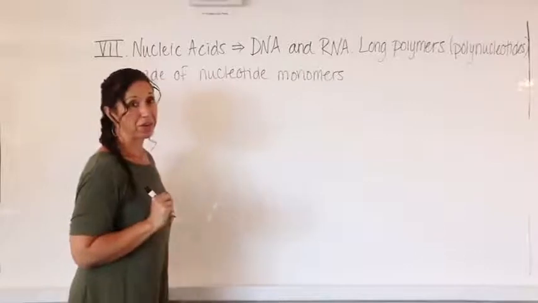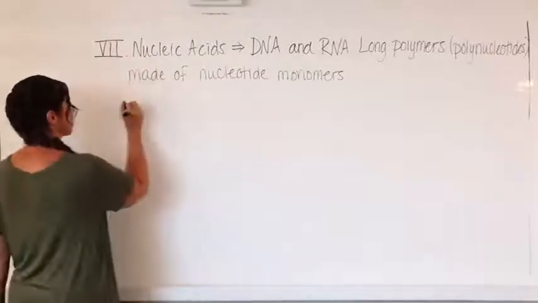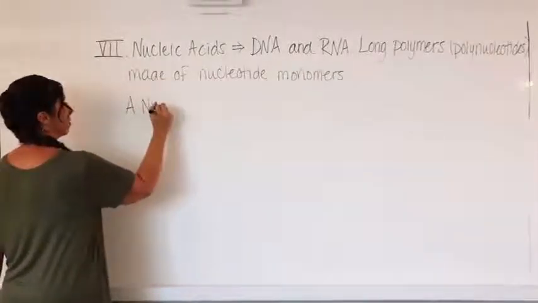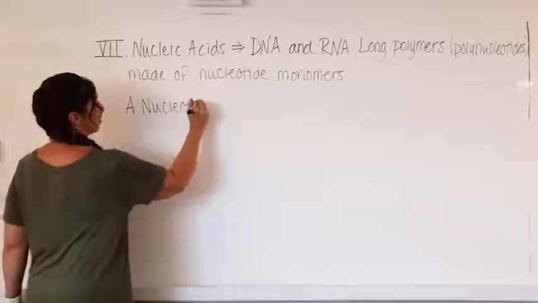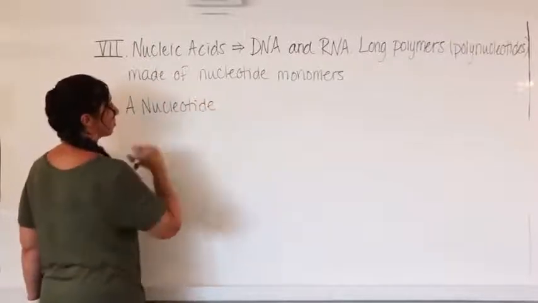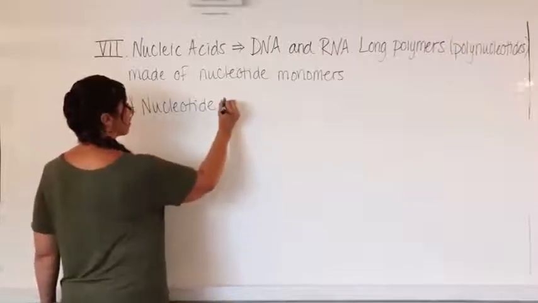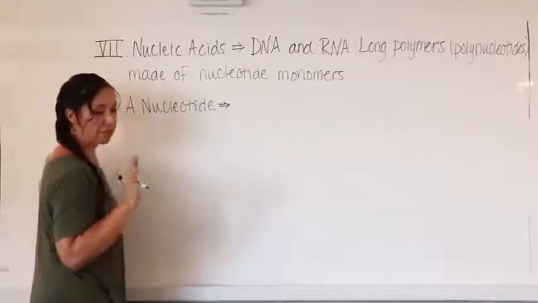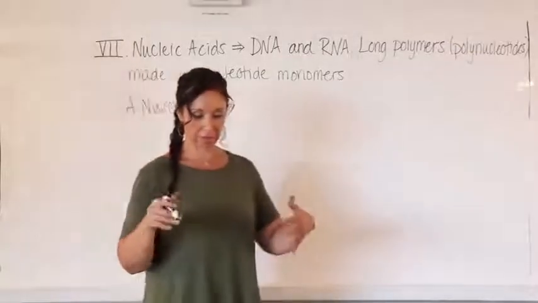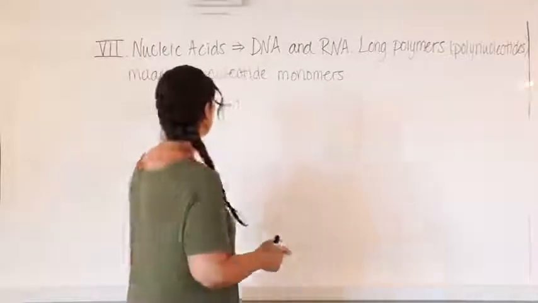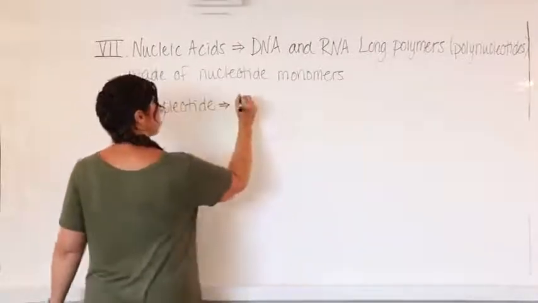So let's talk about what a nucleotide is. A nucleotide, which is the monomer for nucleic acid polymers, is composed of 3 different parts.